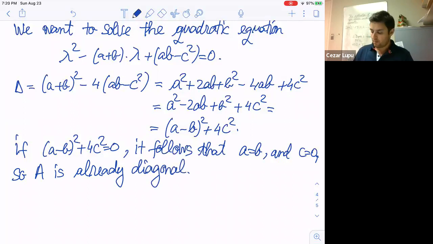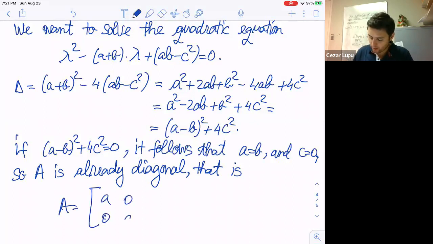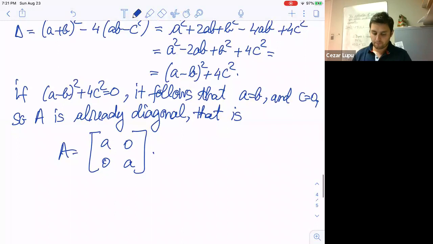Okay, so we know that a equals b and c equals 0. This will imply that A will look like this: a, 0, 0, a. As you can see, this is a diagonal matrix, and on the main diagonal we have the entry a.